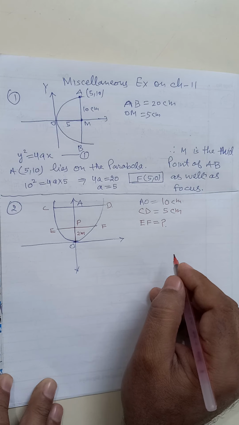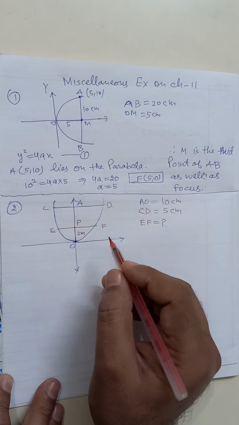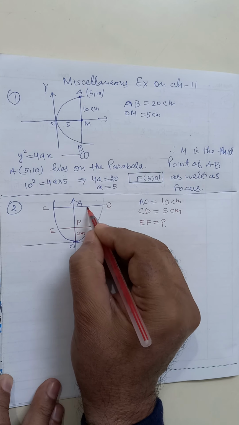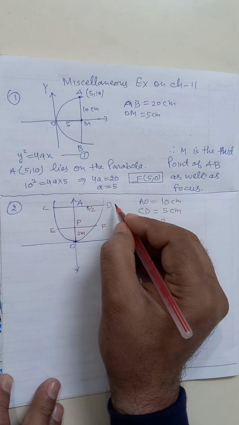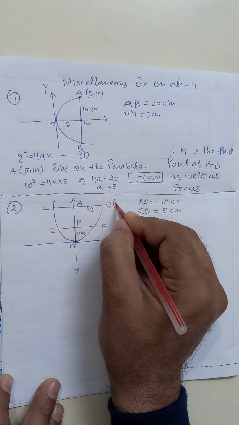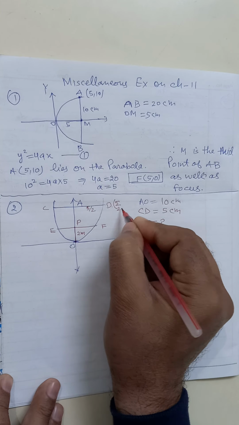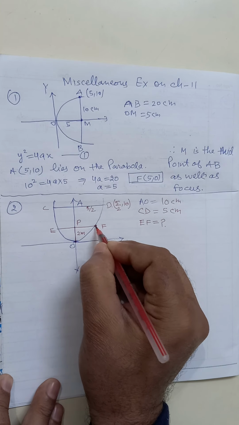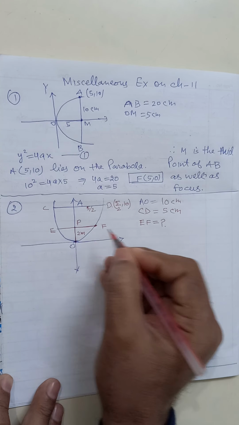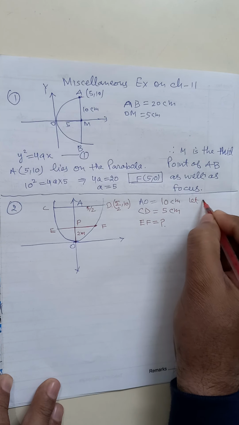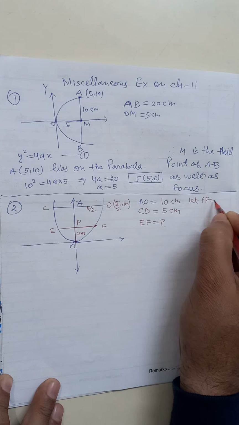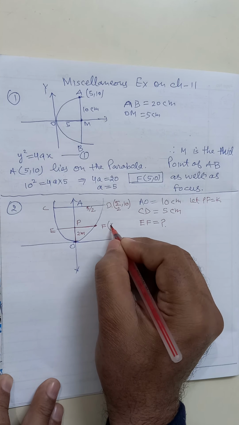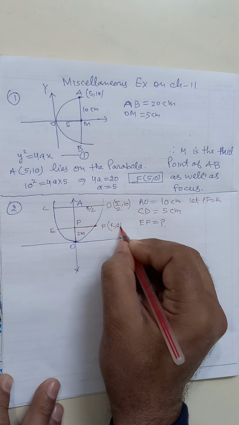This is the question. Now can you tell me AD, this complete is 5, then AD is 5 by 2. Therefore coordinate of D, that is 5 by 2 comma 10, and let PF is equal to K. Therefore the coordinate of this is K comma 2.